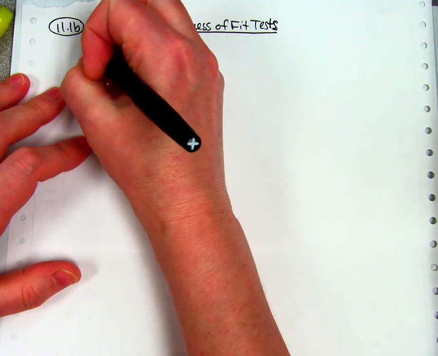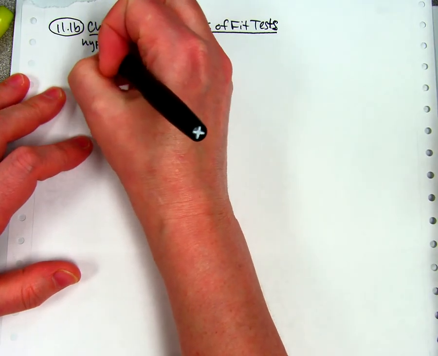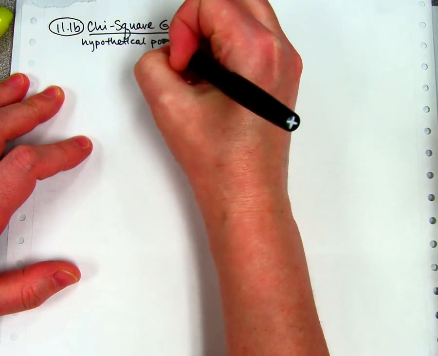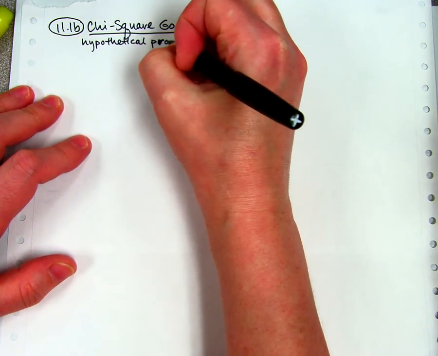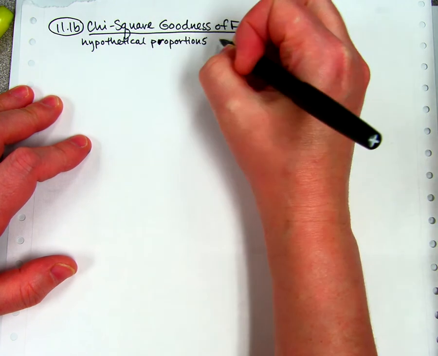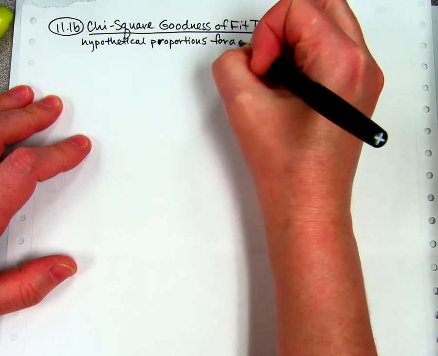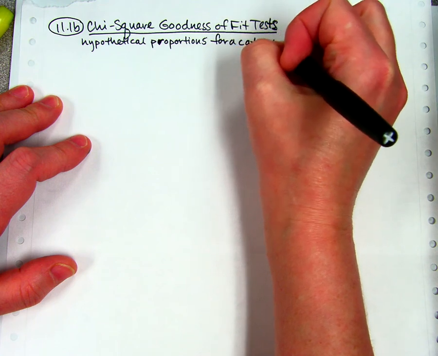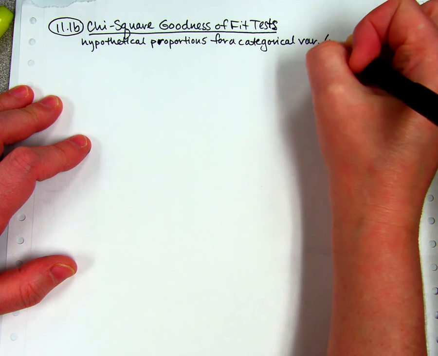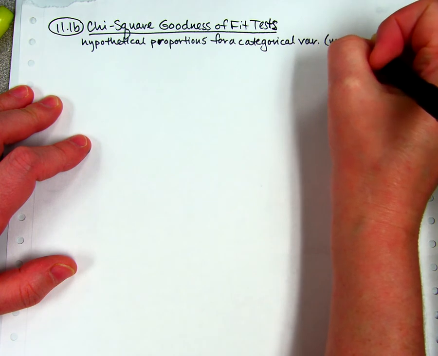We have a hypothetical set of proportions for a specific categorical variable. And there's usually many categories.